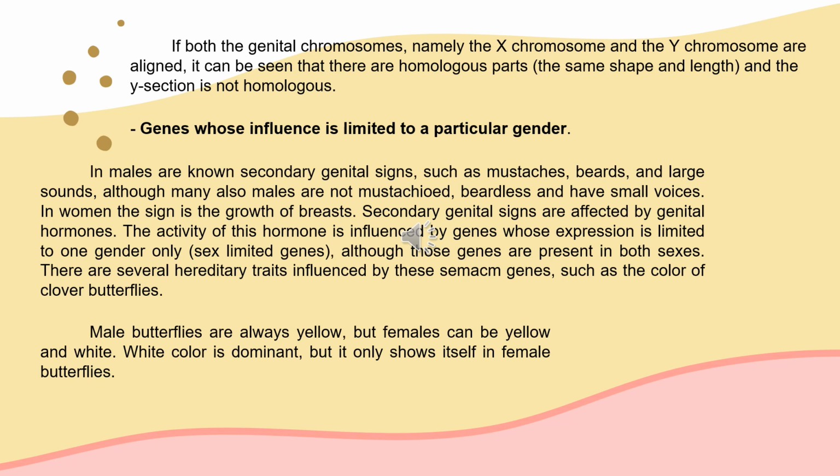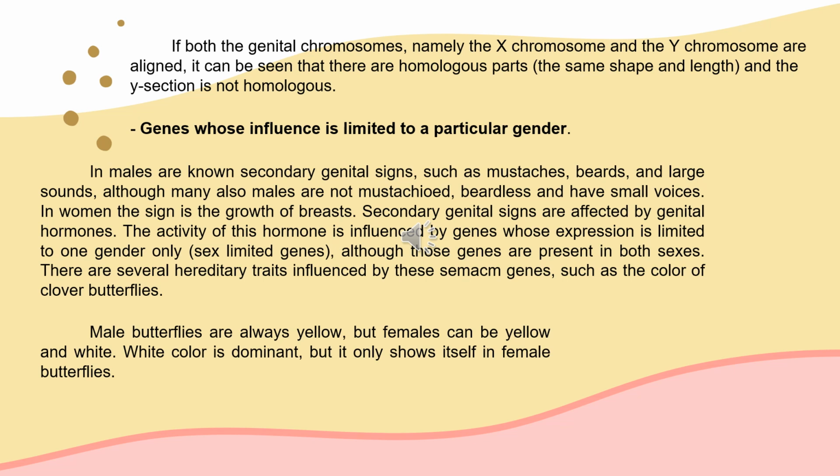Now in the chapter of perfect and imperfect sex linkage there are two kinds. The first is genes whose influence is limited to a particular gender. In males there are secondary sex signs, such as a mustache, beard, and large voice, although many males are also not mustached, beardless, and have a small voice.